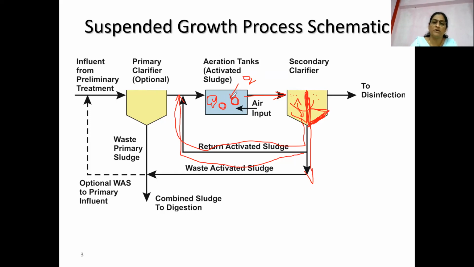So the degradation process takes place. And as time passes, after 2 hours, 3 hours, what happens? The entire amount of organic matter gets consumed. Organic matter is nothing but the food for the microorganisms, and oxygen is their energy.